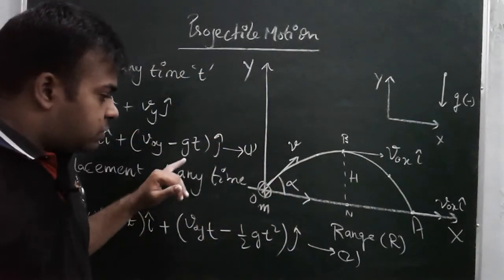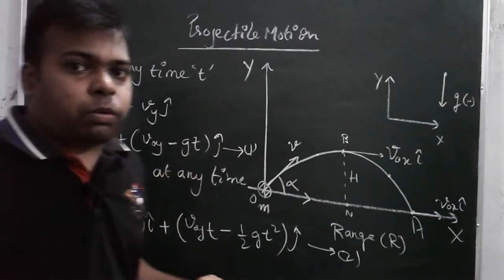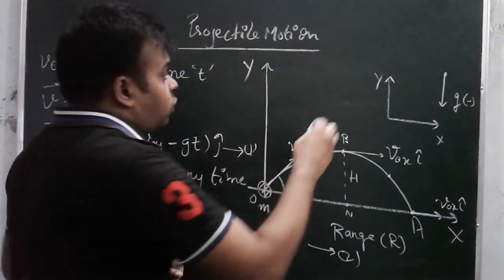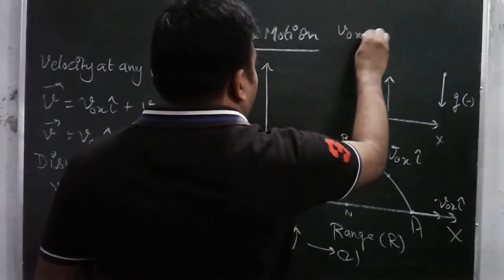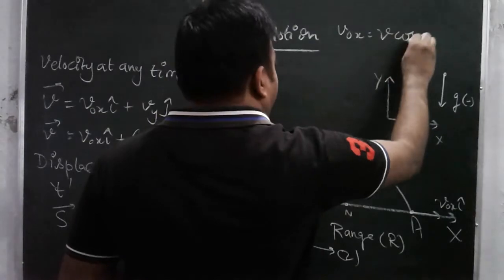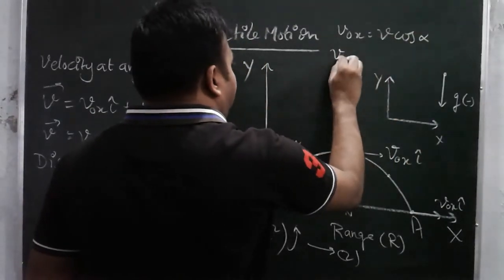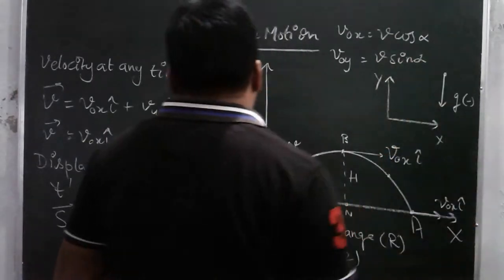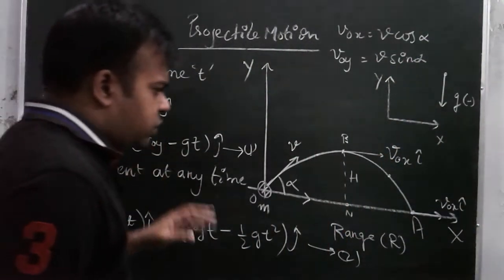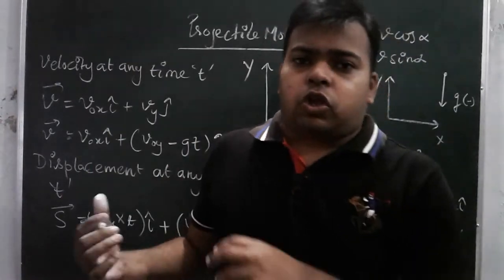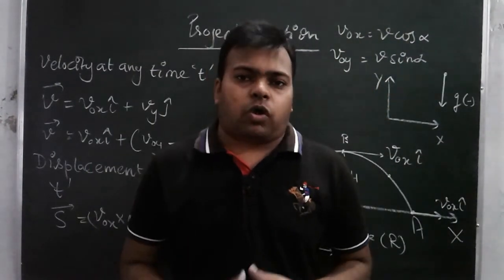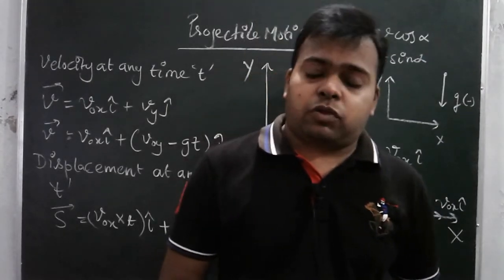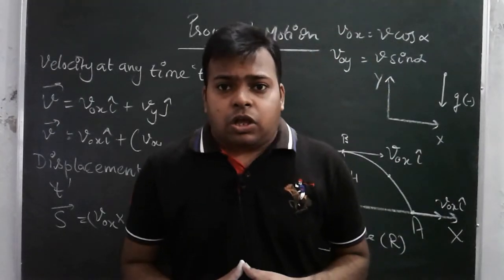These two equations are helpful in solving the problems of projectile motion. Also note that Vox you can write as V cos alpha, and Voy as V sin alpha. From these two equations you can easily evaluate all three variables I told you earlier: time of flight, maximum height and range.